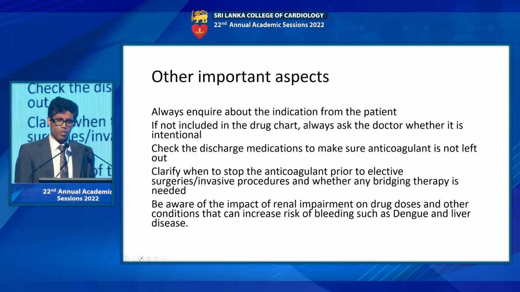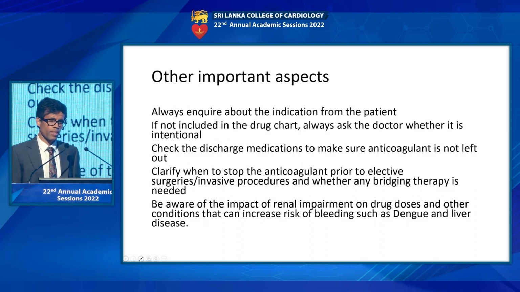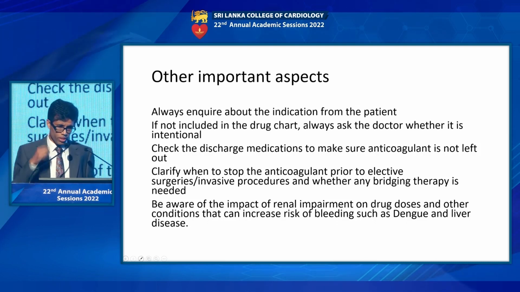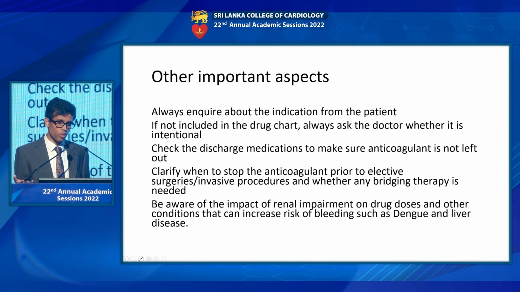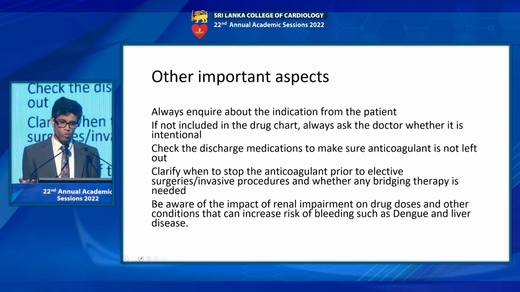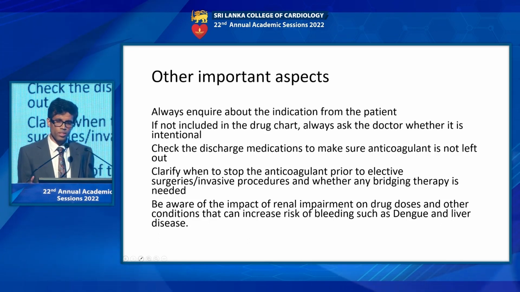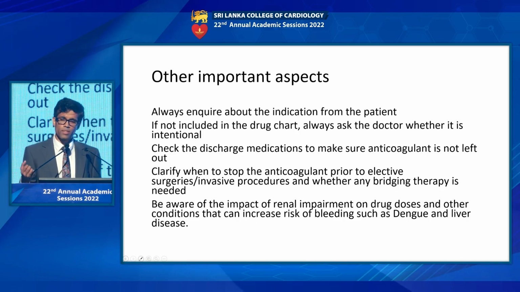Right. What are the other important aspects? I think as colleagues, it's teamwork, as you know, to look after these patients very well. It's important for everyone to be vigilant about their medications and what other past medical or surgical problems they've had. So always inquire, if they're on an anticoagulant, what is the indication. And as clinicians, I think it's our paramount duty to let the patient know this is why you are taking an anticoagulant, this is your therapeutic range.